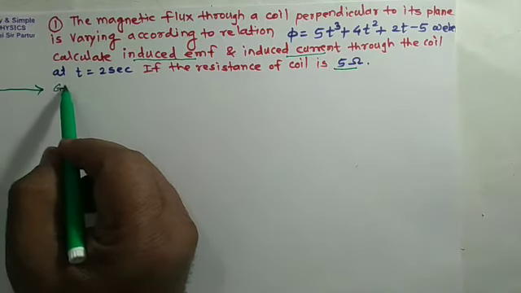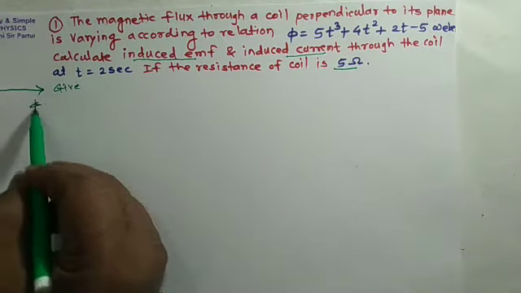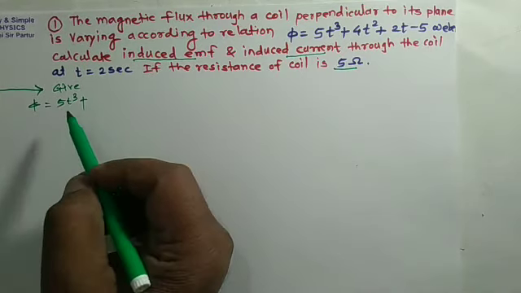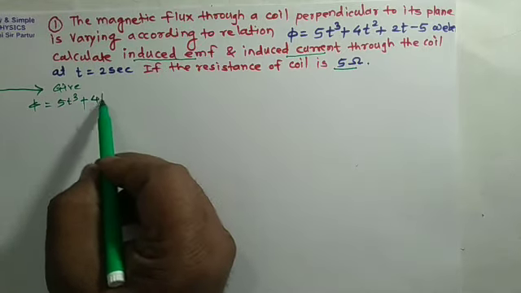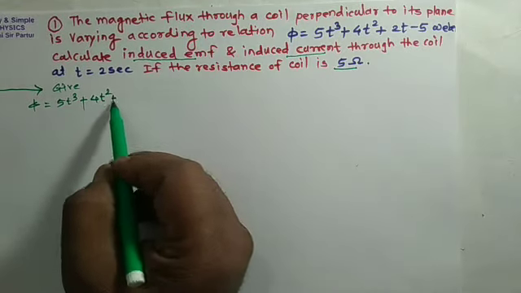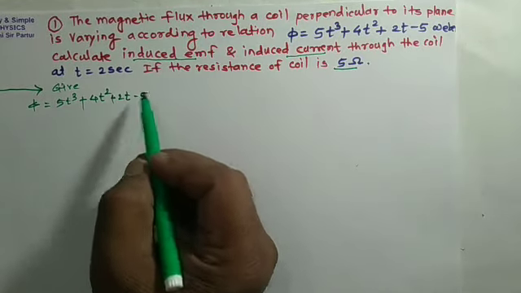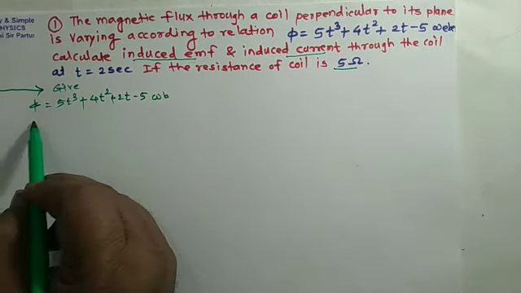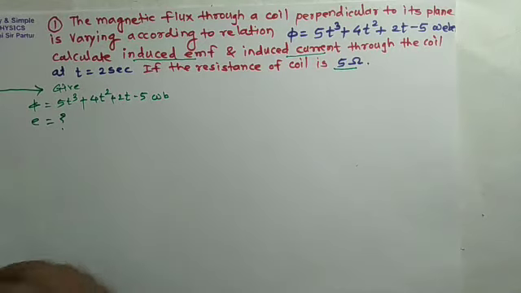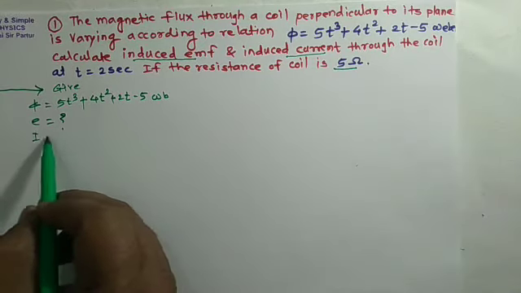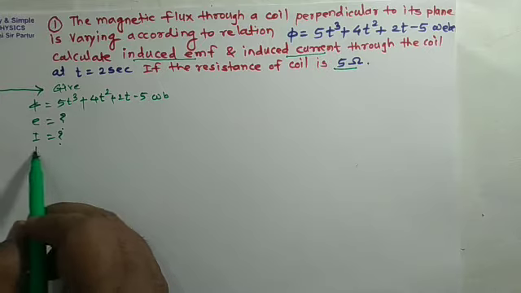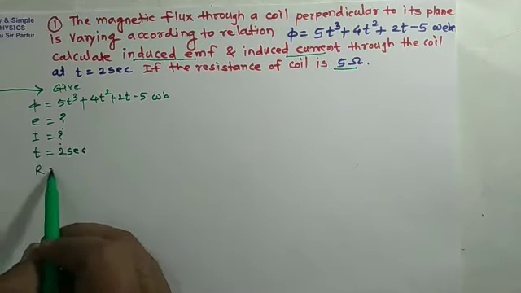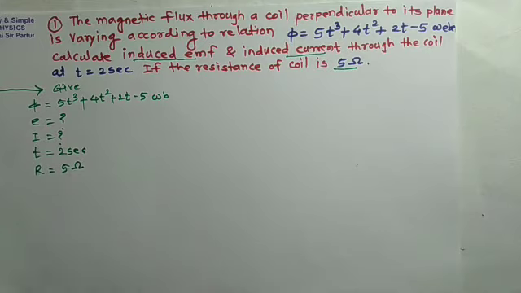Means given phi is equal to 5t cube plus 4t square plus 2t minus 5 in Weber. We can find out induced EMF E, induced current I in time t equal to 2 seconds, and R is given as 5 ohm.